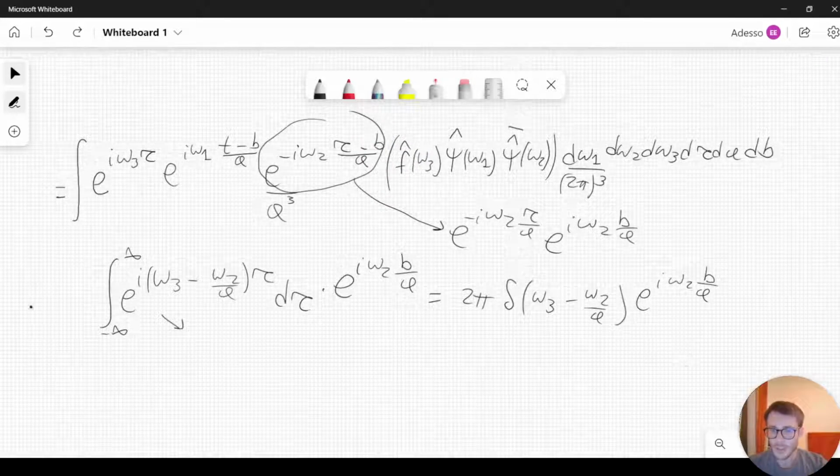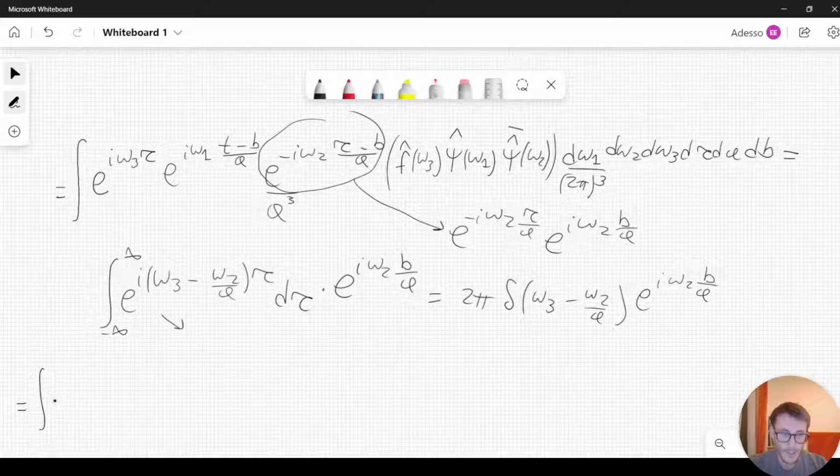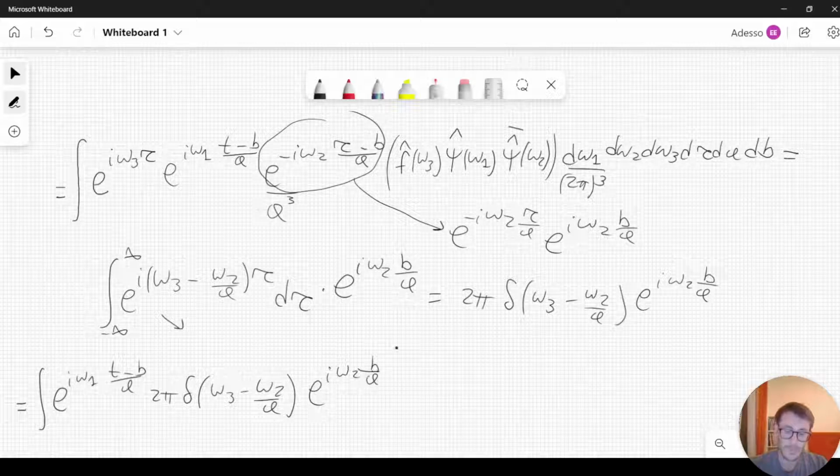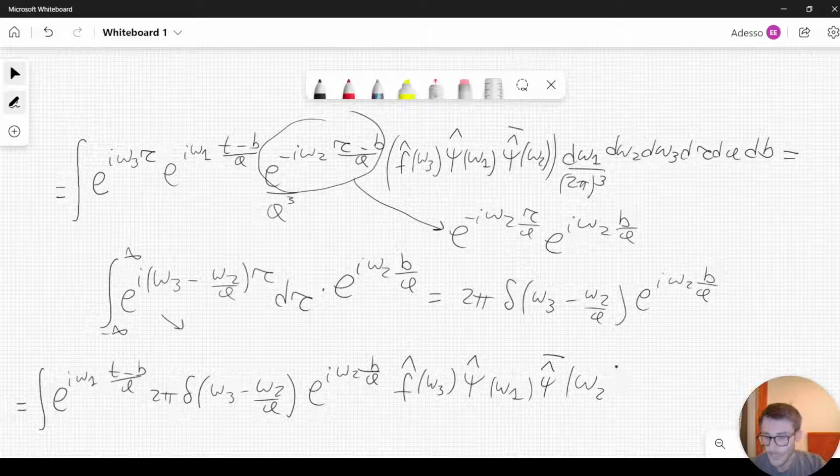So this is the first integration that we can do, and this will be equal to the integral of e to the i omega 1 (t minus b over a), which is exactly this part, then 2 pi delta of omega 3 minus omega 2 over a, e to the i omega 2 times b over a, and then f hat of omega 3, psi hat of omega 1, psi hat bar of omega 2, and then 1 over 2 pi cubed a cubed, with d omega 1, d omega 2, d omega 3, dA, dB.